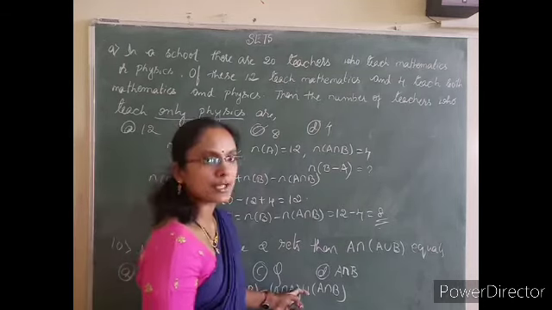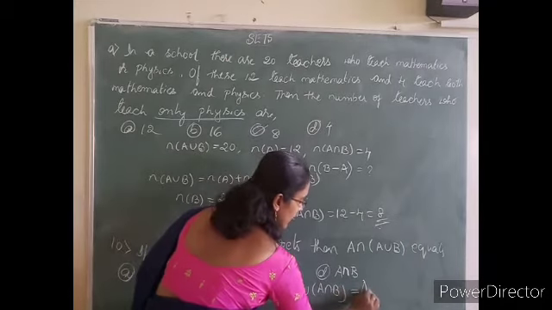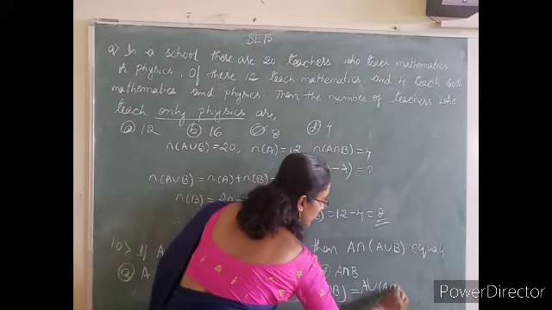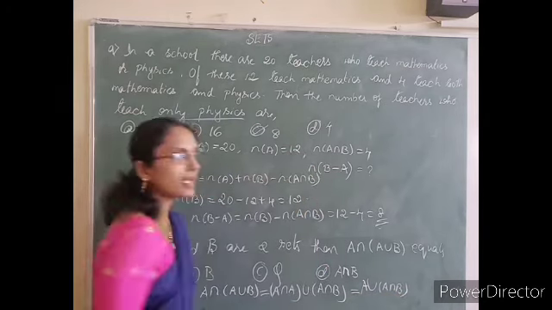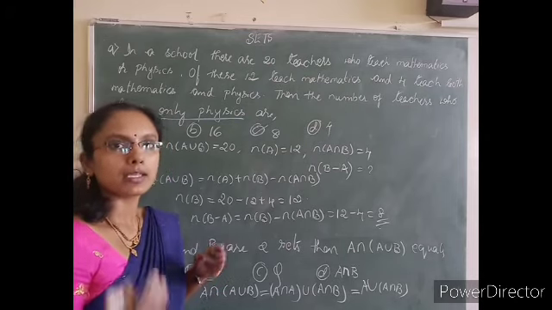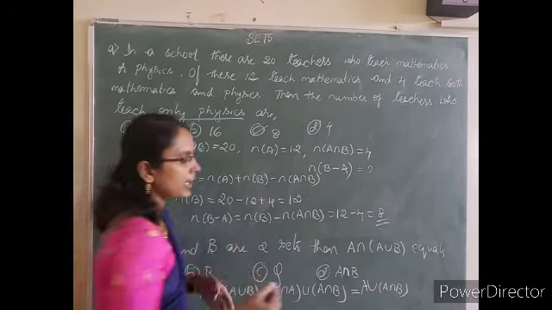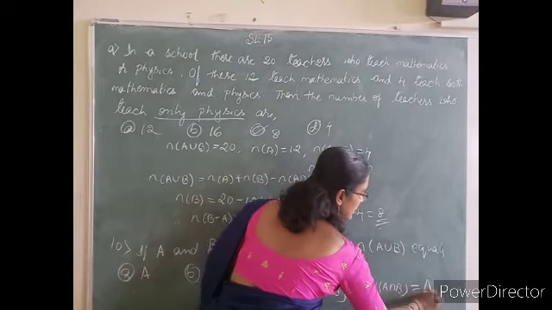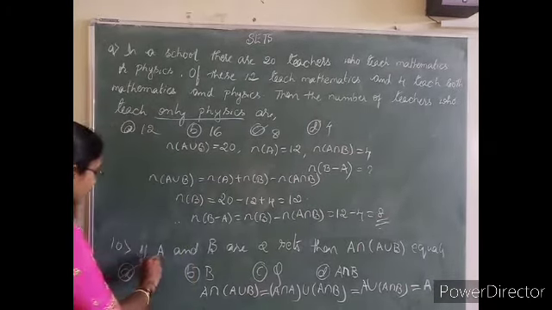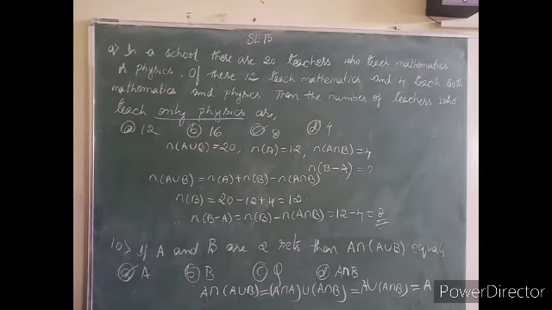You know A intersection A is equal to A itself, union A intersection B. A intersection B is the common elements to both A and B. Taking the union with the set A, that is nothing but the set A itself. So using the properties of sets, union, intersection and disjoint property, we find the answer for this. Thank you.